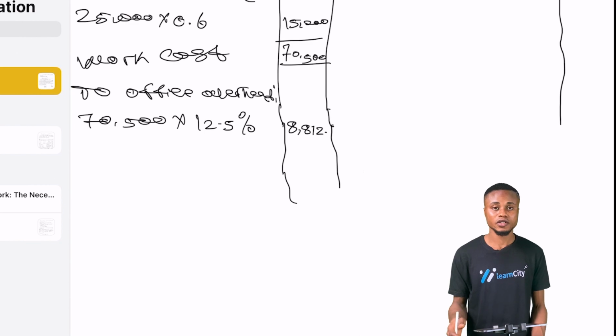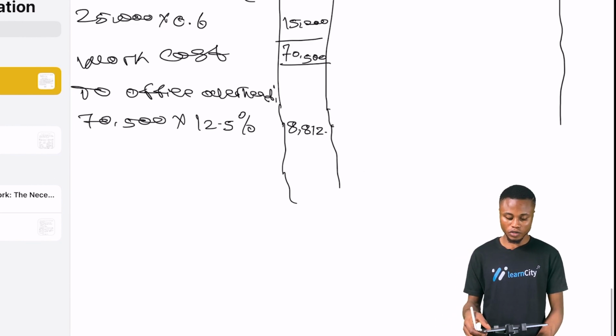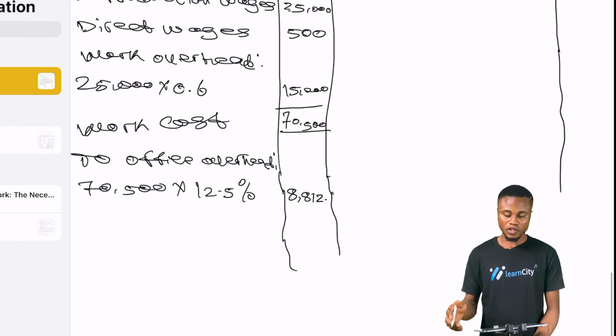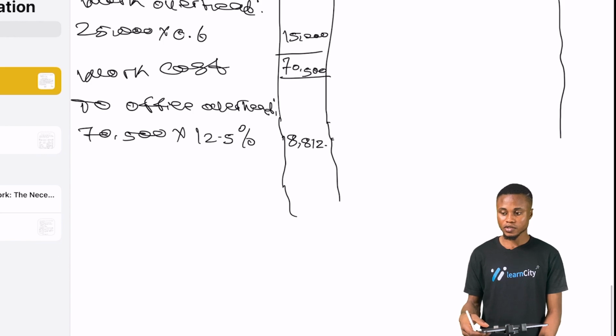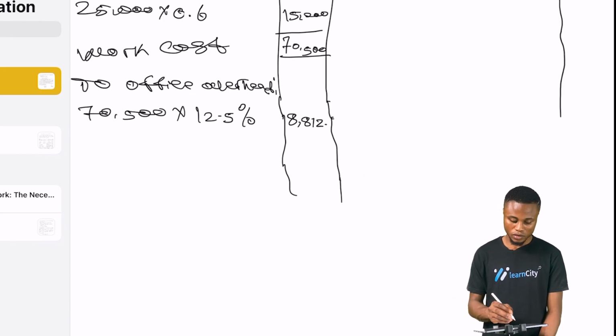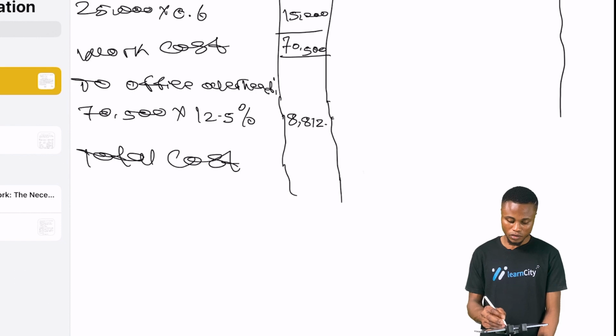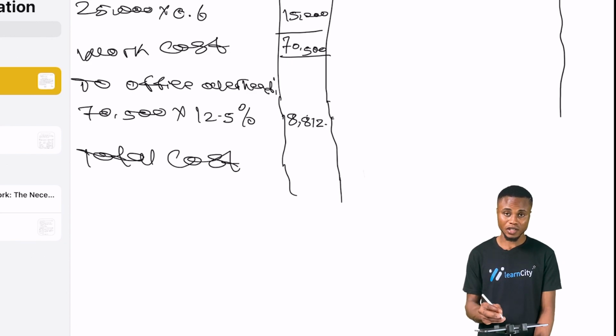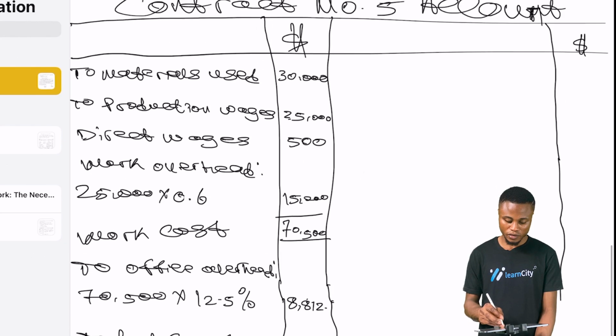So if you now add this $8,812 to $70,500, that is where we are going to arrive at our total cost. To get our total cost now, the addition of this 8,812 and 70,500 will give us 79,312.